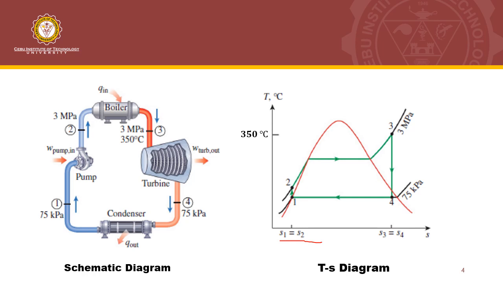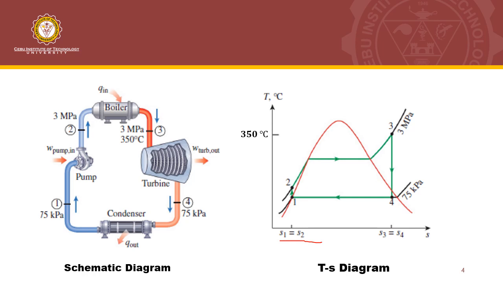But unlike process 1 to 2, which is compression in the pump, process 3 to 4 is isentropic expansion of the steam in the turbine. So the steam causes the expansion in the turbine. That is why upon leaving the turbine, it will lower its pressure to the condenser pressure of 75 kilopascal.